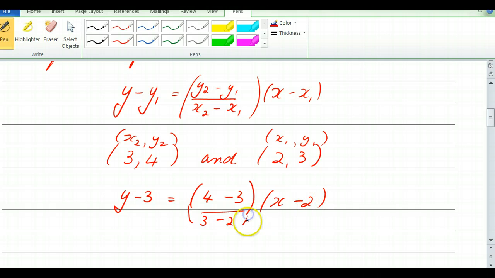And what we do now is we simplify this down. So we'll have y minus 3 equals, now 4 minus 3 is 1, 3 minus 2 is 1, times x minus 2.